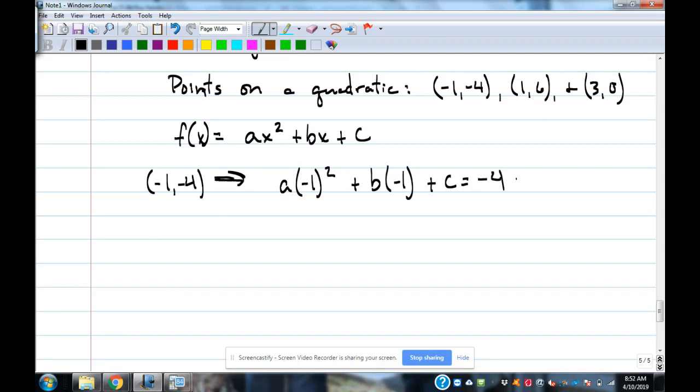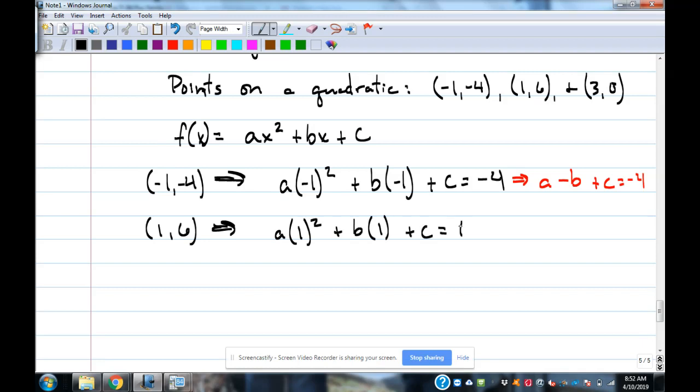And then you can convert that into a nice equation. A minus b plus c is equal to -4. And then same thing for (1, 6). You're going to have a times 1 squared plus b times 1 plus c is equal to 6.